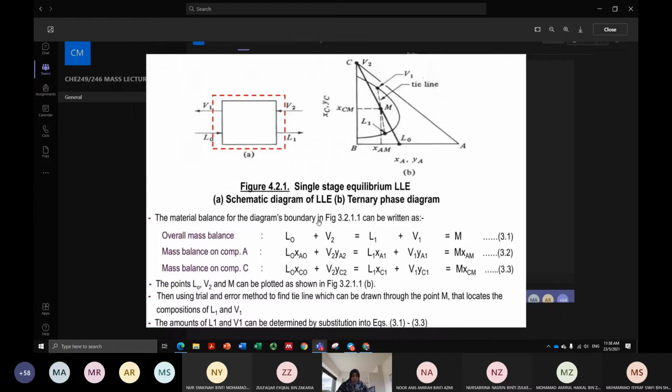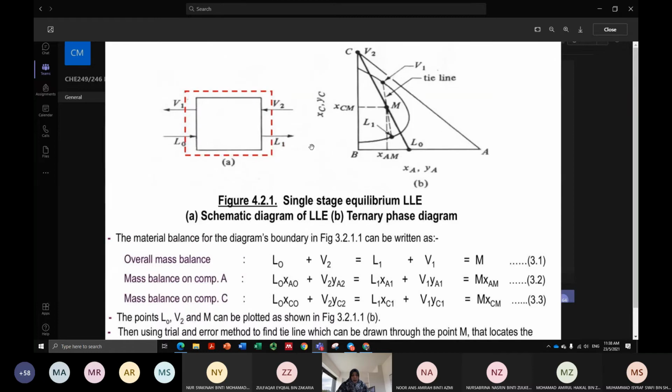If you connect the point on your triangular diagram between the feed and your solvent, and then you connect between your raffinate point and your extract point, the intersection between these two lines will give you the point M.